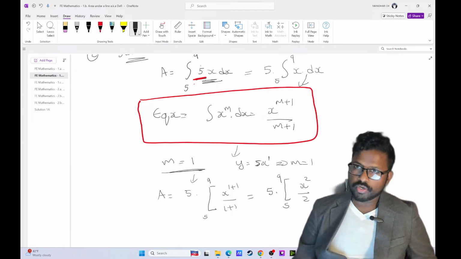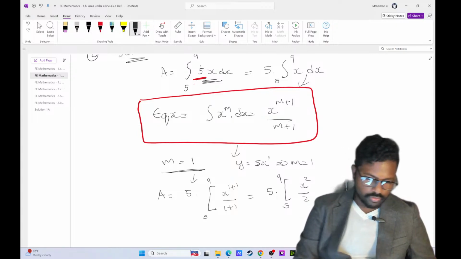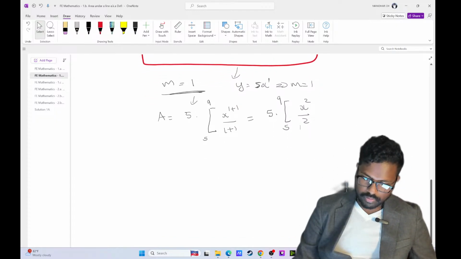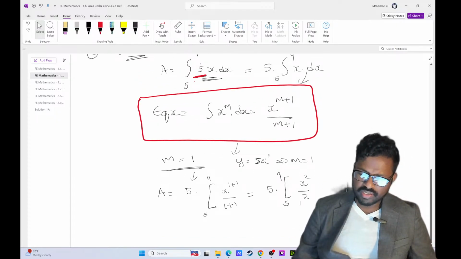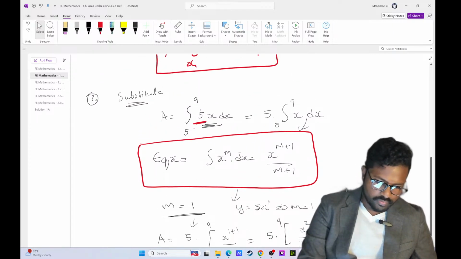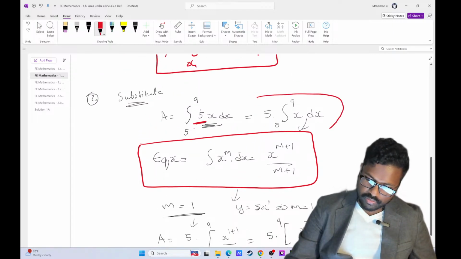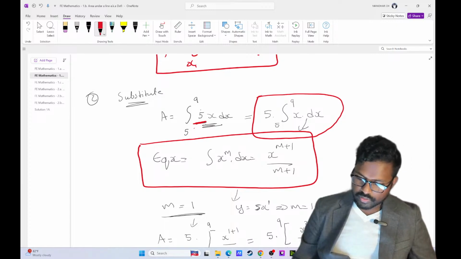And you can at this point use your calculators to solve this problem. Actually, calculator could have been used even in the previous step. In this step itself, you can easily use your calculator to get the right answer.